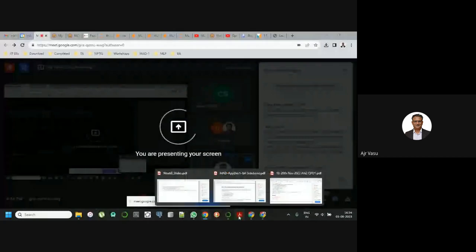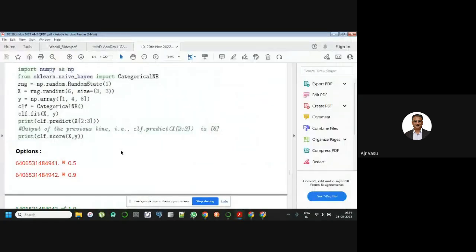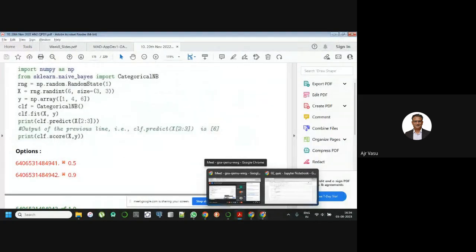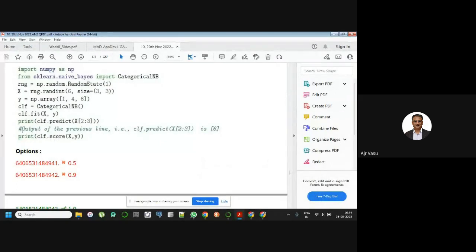Okay, fair enough. Sir, I have one more question from the past paper, if I can share my screen. Yeah, sure. Maybe others have solved it, they can help me. This question, sir, I guessed based on the hint given here, but what exactly is happening in this case is not clear.